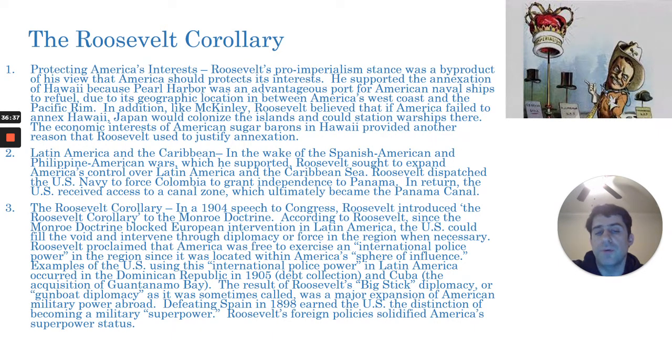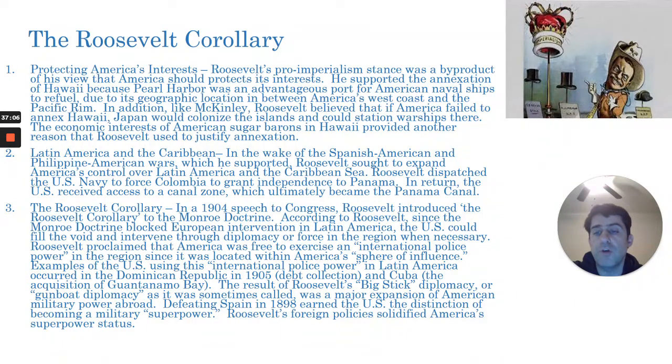He also sent the military to Cuba, which was still in the process of becoming independent. It was an American protectorate, and as a result of this sort of sphere of influence, international police power, America acquired Guantanamo Bay in Cuba, which still is American territory as a naval base in Cuba.